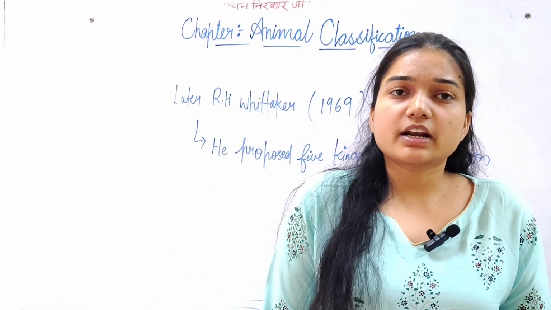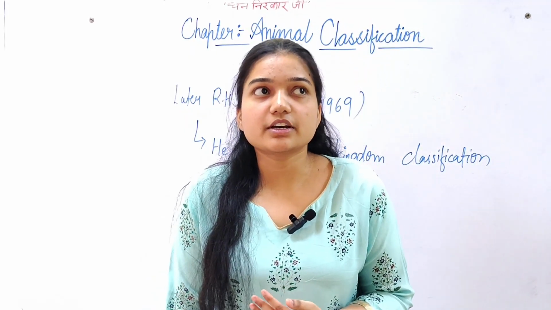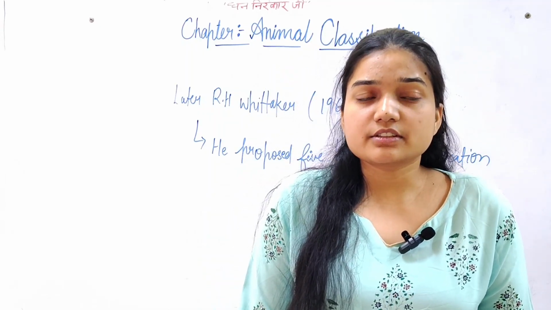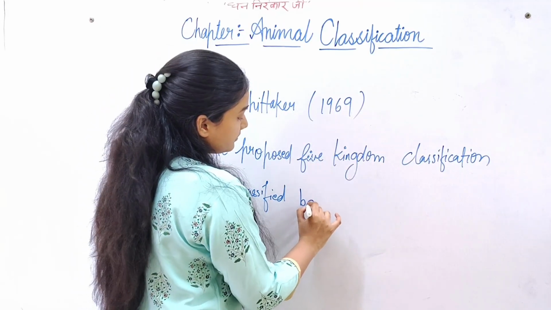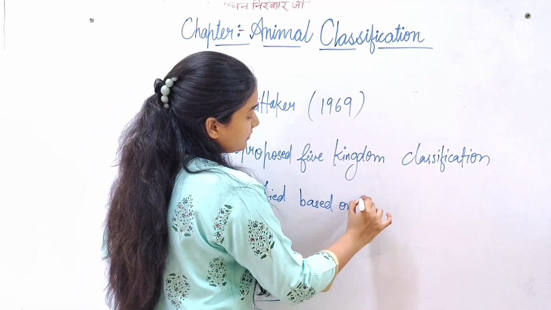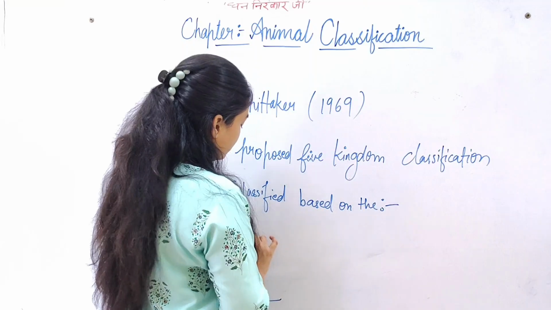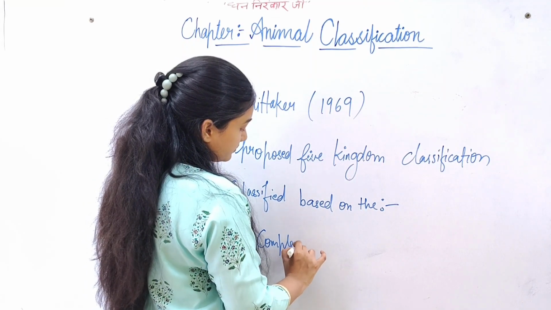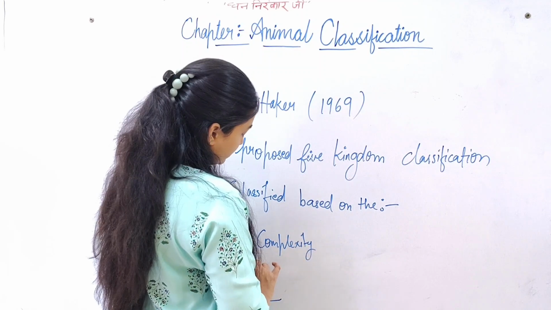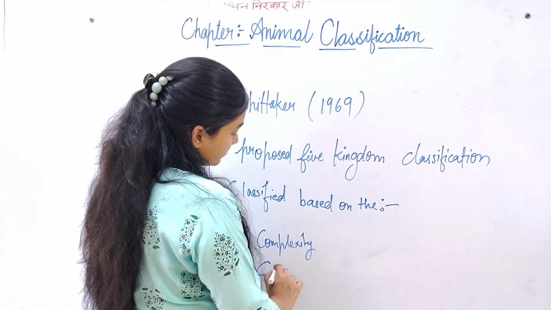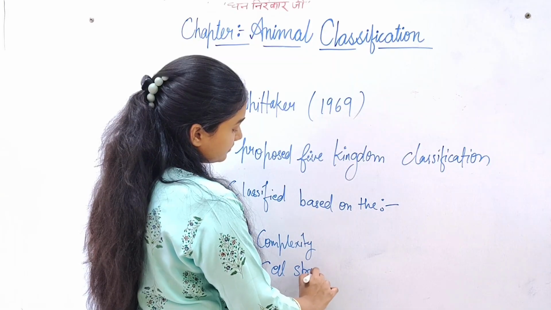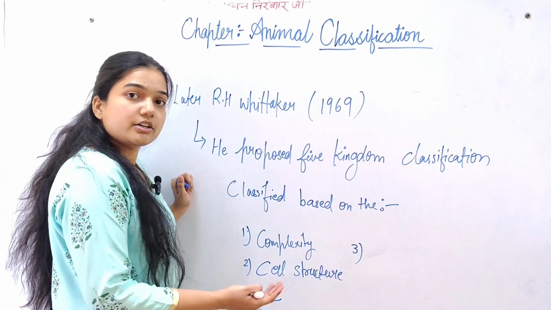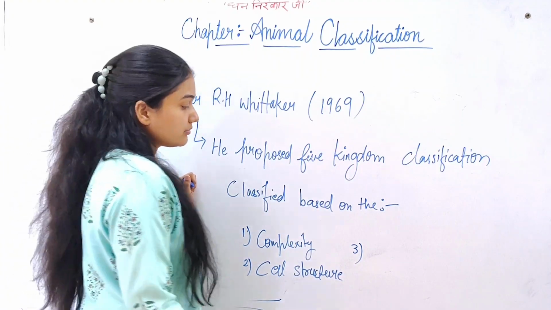He classified the species into five different kingdoms based on the complexity of their structure, second, cell structure, and the third one is mode of nutrition.